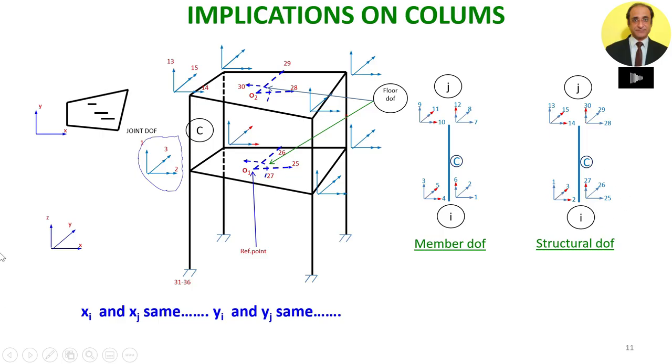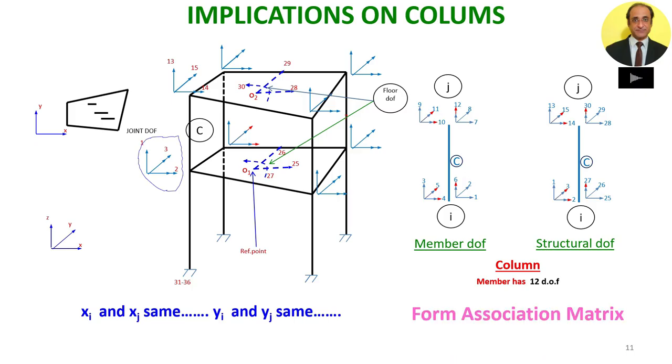They are marked here, and here we have marked the member degrees of freedom from 1 to 6. So 1 and 2 we have shown here, and we have clubbed it with 6, which is the rotation. These are deliberately clubbed so that the floor degrees of freedom are together, just like the structural degrees of freedom. So unlike beams, a column will continue to have 12 degrees of freedom only. You can take a pause and form an association matrix of this member.